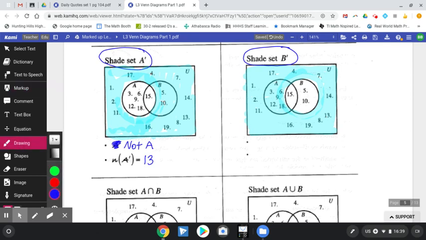Describing with words, I would say not B is what we've shaded. And the number of elements in the complement of B, counting carefully, everything in that blue region, there are 16 elements there.